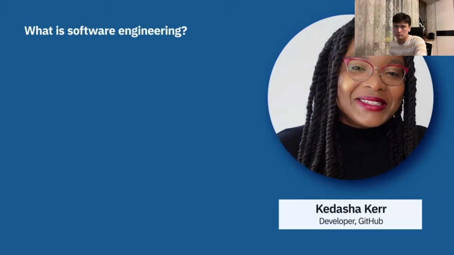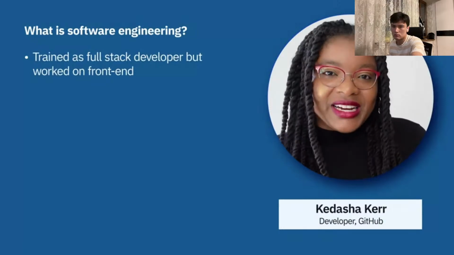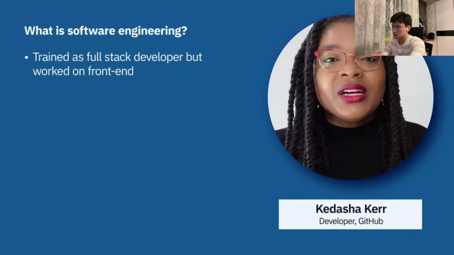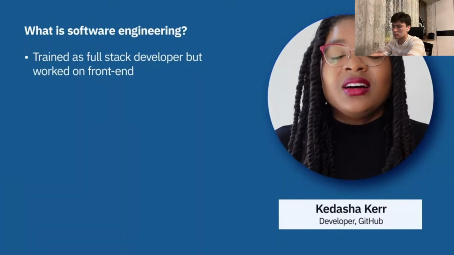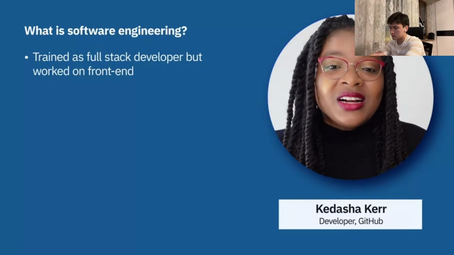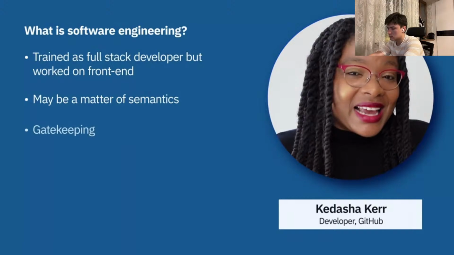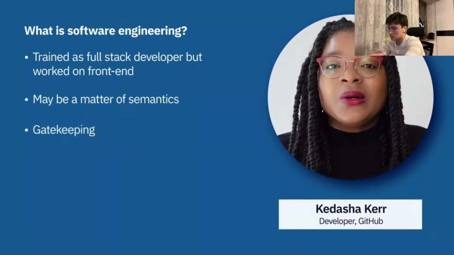In my opinion, there isn't a difference really. For example, I was trained as a full stack engineer or a full stack developer, but I was hired as a software engineer to work on the front end of the company's application. So I think it's a matter of semantics, and a lot of it is gatekeeping to keep people who don't know anything about the industry out.